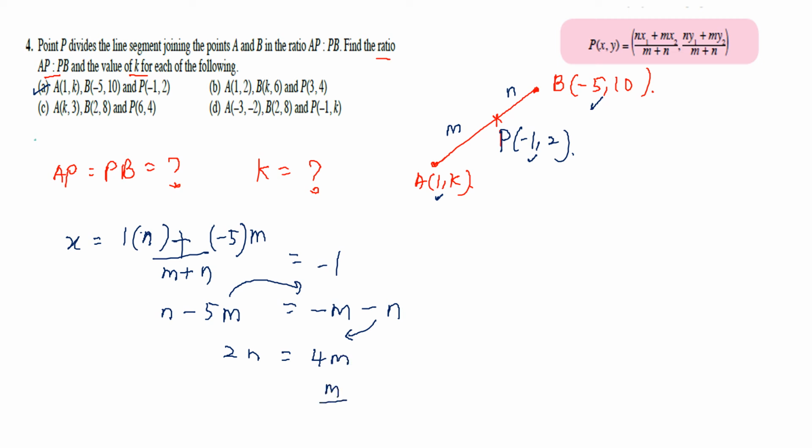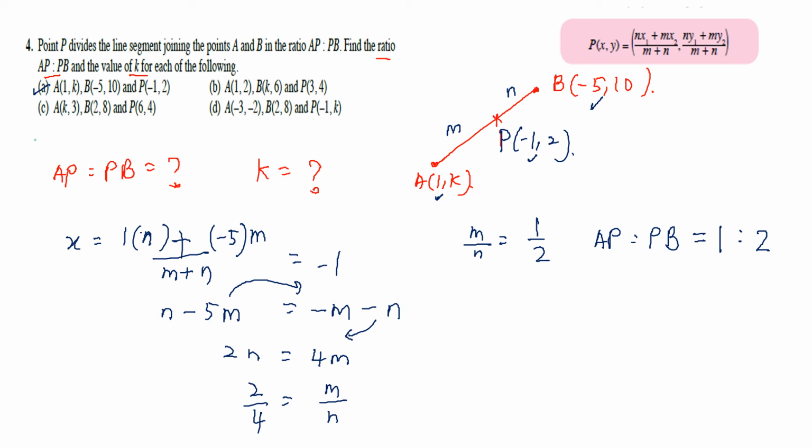So M over N, bringing N over, is 2 over 4, so M over N is 1 over 2. Since the question asks about AP is to PB, AP is M, so M is 1, PB is N, so N is 2. So we obtain the first answer.